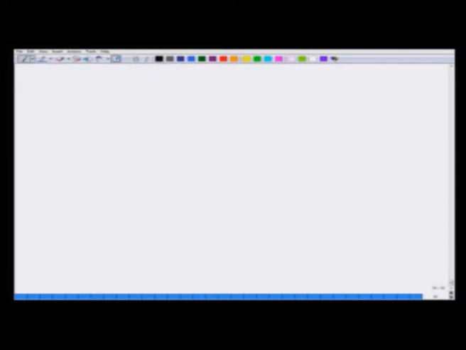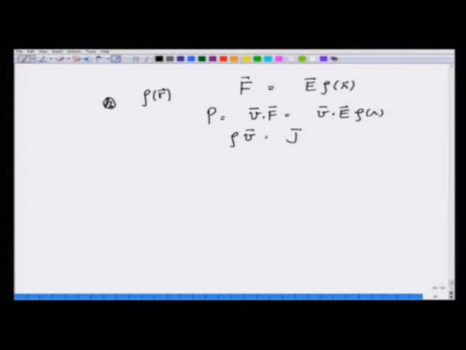If I have certain charge and density is rho of r, then the force on this due to the electric field is going to be E times rho of r, and the power delivered is going to be V dot F, which is V dot E times rho of r, and rho V is nothing but J. So, power or the work done per unit time is going to be J dot E.